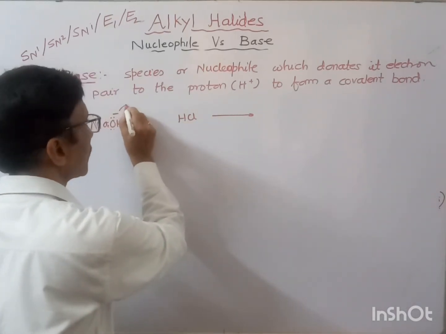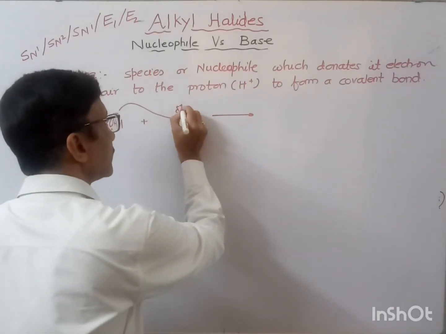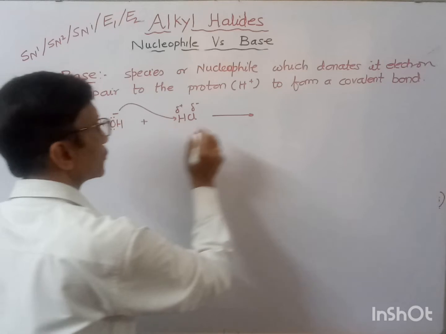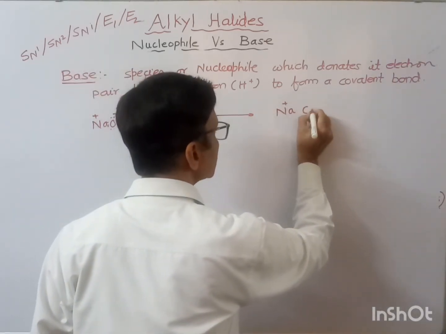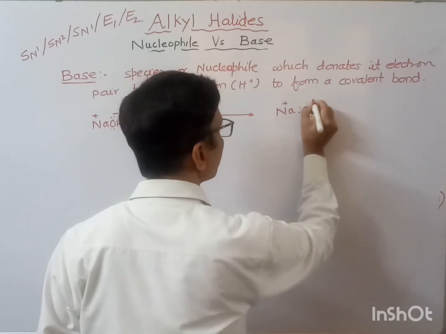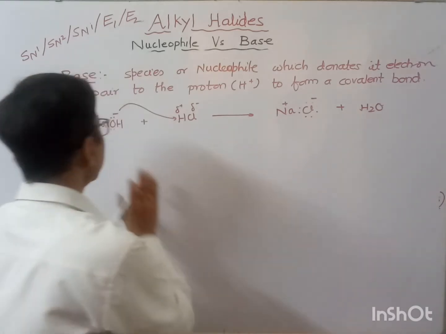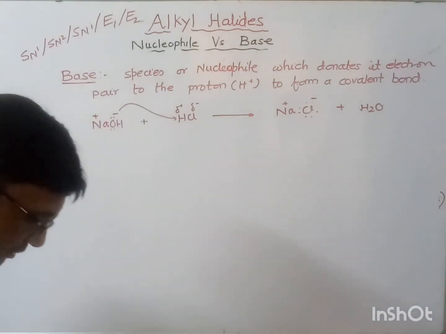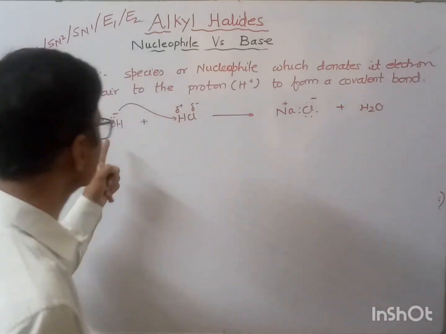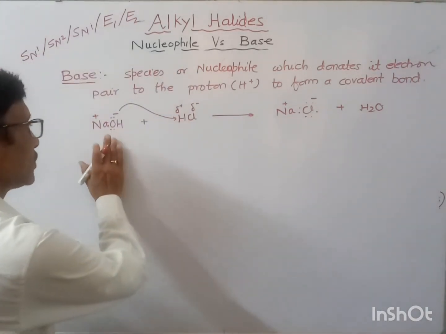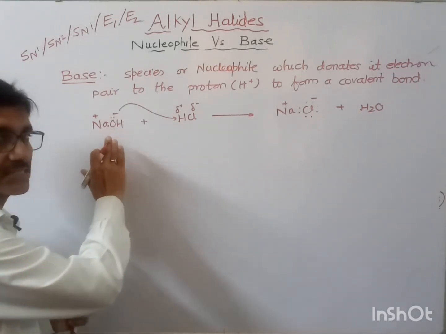It can donate its electron pair to the proton, and what is formed here is Na plus and Cl minus and H2O. So here this NaOH acts as a base, but previously I also told that this OH minus can also act as a nucleophile. Here this OH minus is acting as a base.